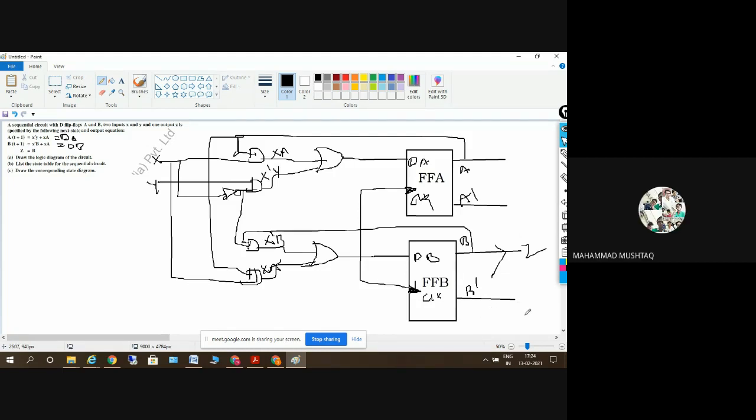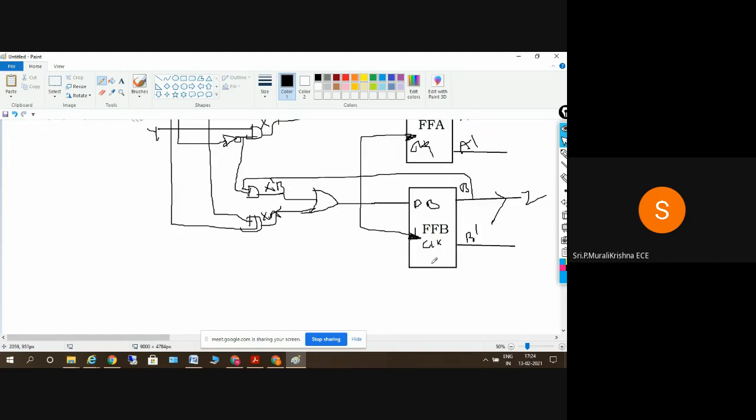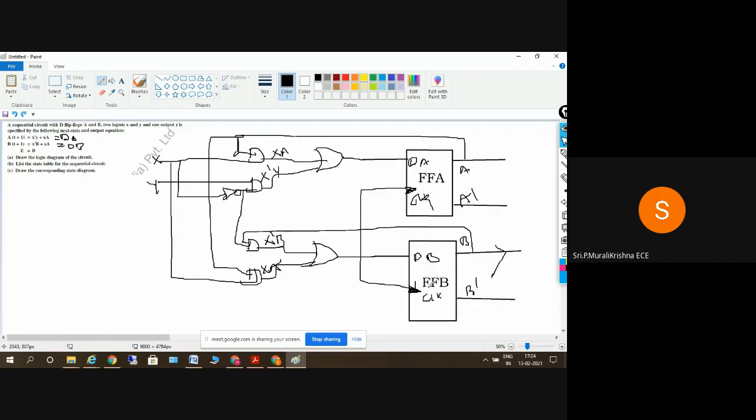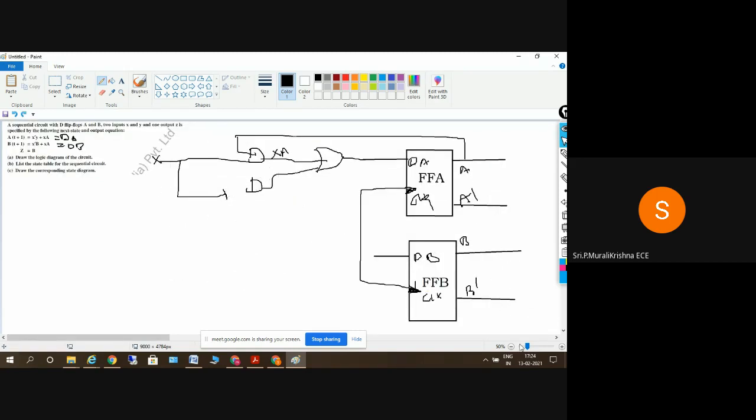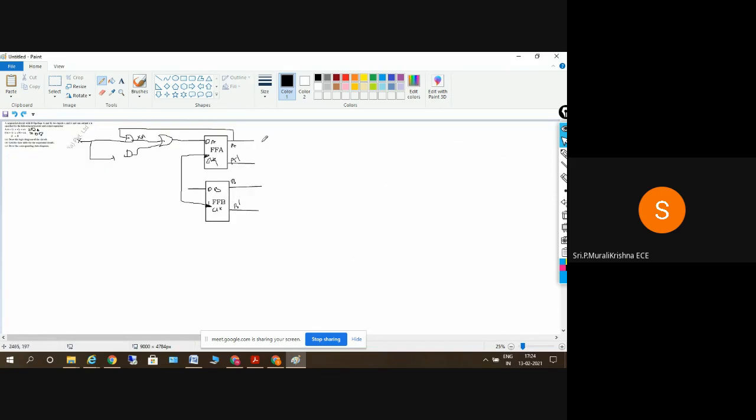Yes, sir. Okay, so next what we have to do is draw the state table. So for the state table, what are the inputs here?